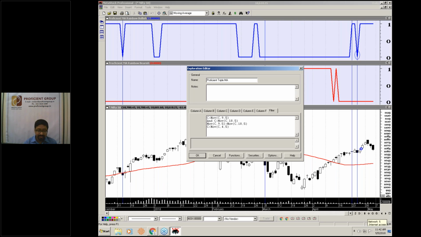I want prices above the 9-day moving average, above the 18-day moving average. I also want the intermediate-term 9-day moving average to be above the 18-day, and I want price to be below the 4-day moving average. This is where I'm using a little bit of a trick, because I'm trying to find stocks that are in an uptrend but in a pullback mode.